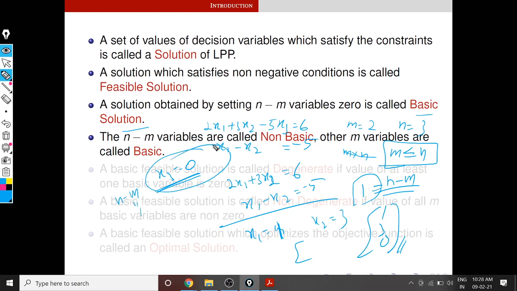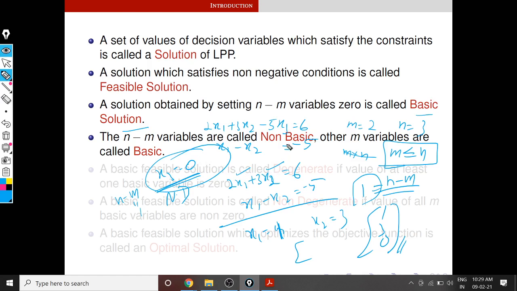Those n minus m variables which are 0 are called non-basic variables. In this case, x3 is non-basic. The other m variables are called basic. So in this problem, x1 and x2 are basic. You got it? So basic and non-basic.